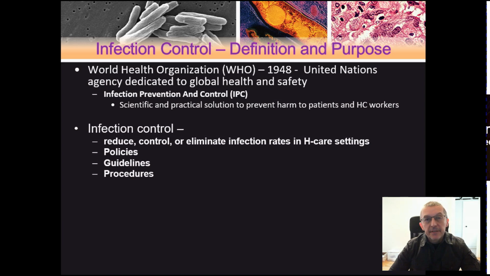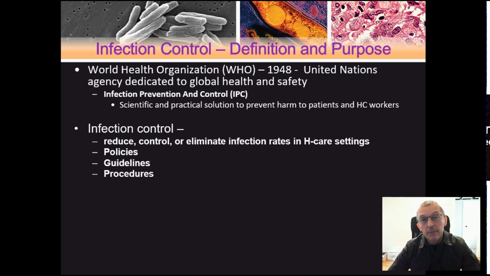Infection control is basically the reduction and elimination of infection among patients in healthcare settings. And these are implemented by using policies, guidelines, and procedures in order to systematically dismantle the chain of infection, or if infection occurred, they can promote and implement protocols that will slow down these infections.